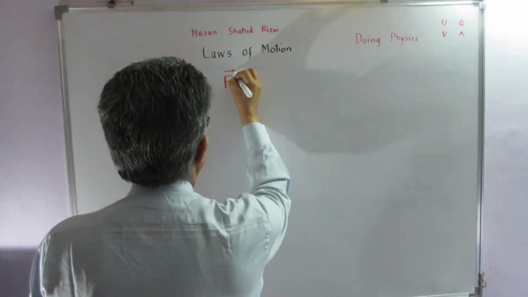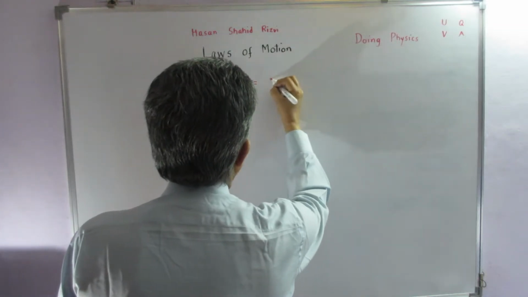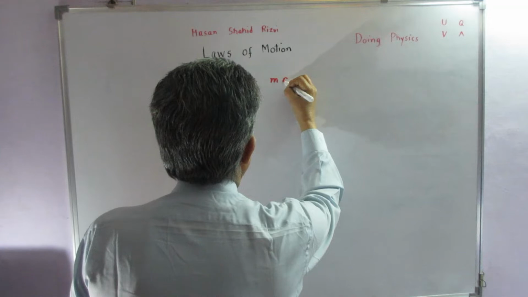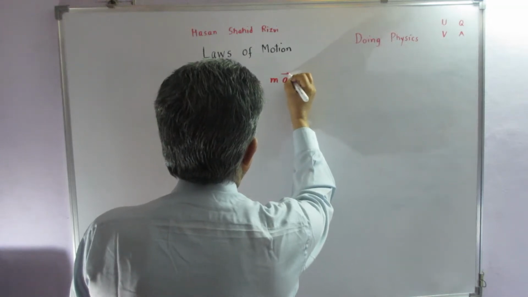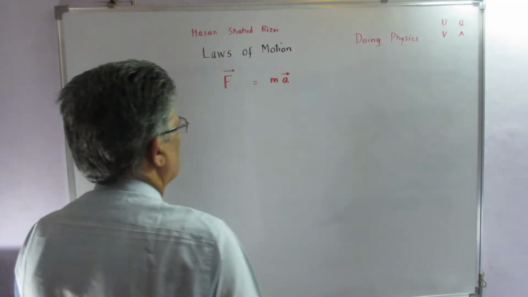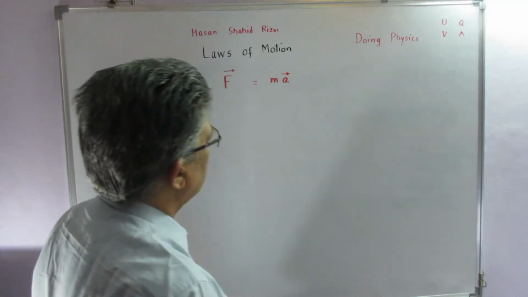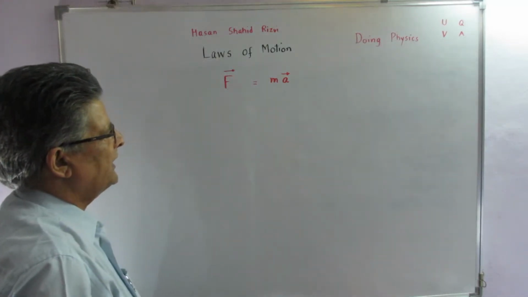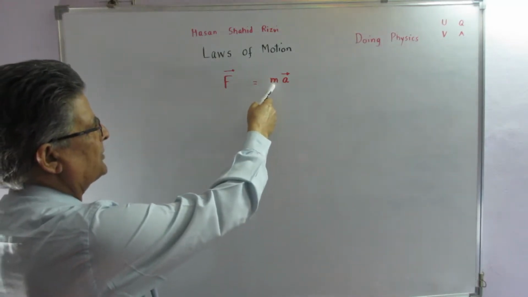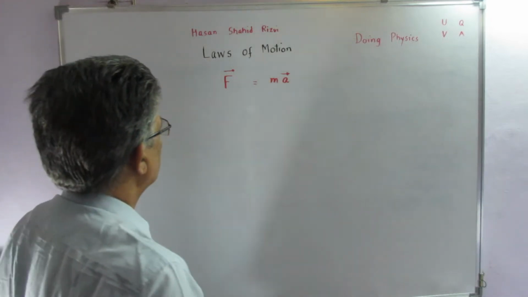F is equal to the mass multiplied by the acceleration of the body. F is equal to ma, which is the description of the second law. Also I can write it as F is equal to dp/dt.